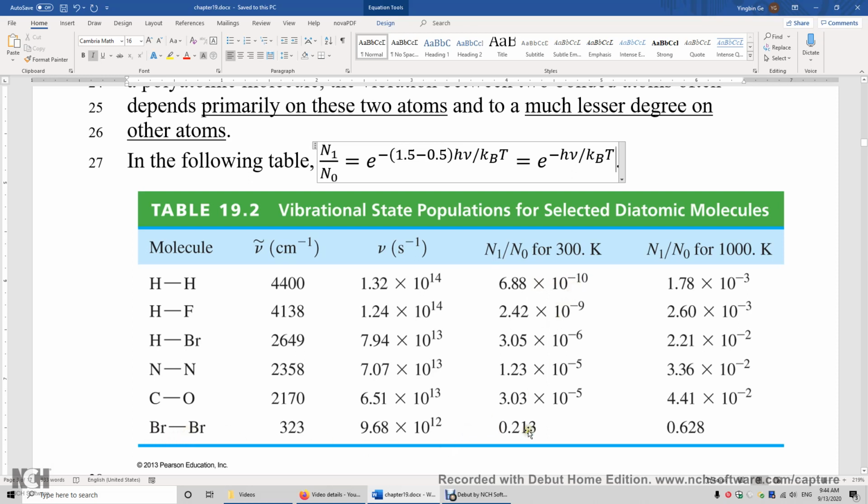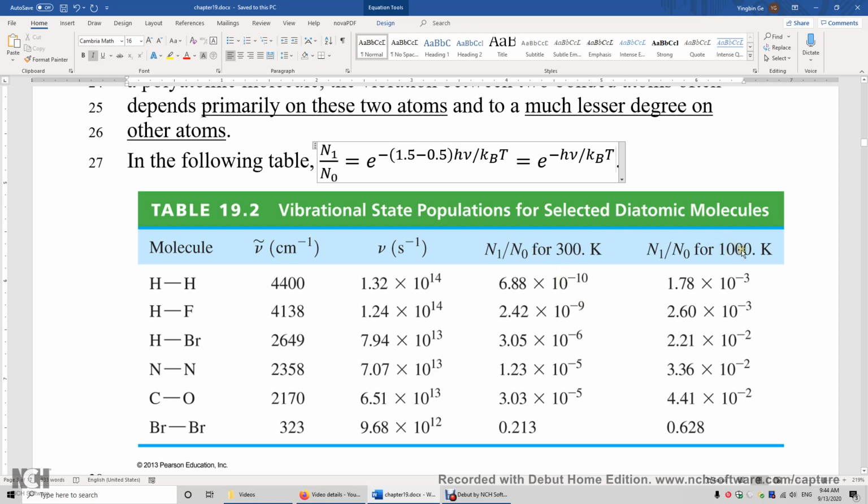However, for bromine 2, because h nu is much smaller, you plug in this equation, you know what nu is, you'll see the ratio is 0.2. So you have a significant number of bromine 2 molecules occupying the first excited state. First excited state means the second lowest energy level, that means the 1.5 h nu level.